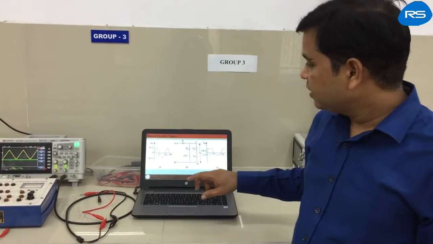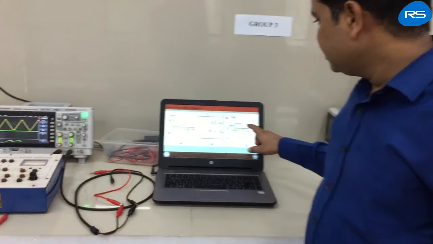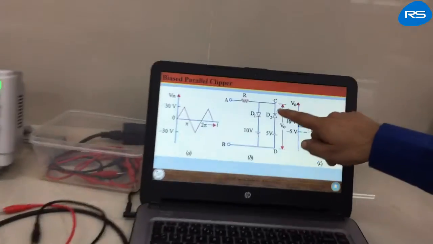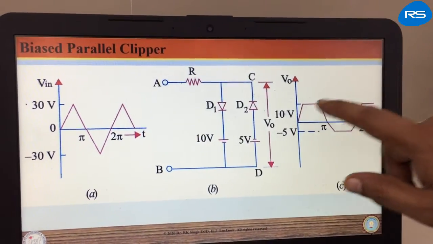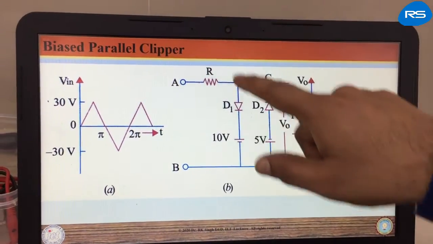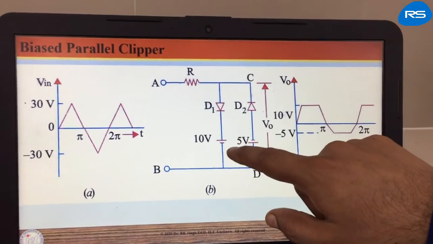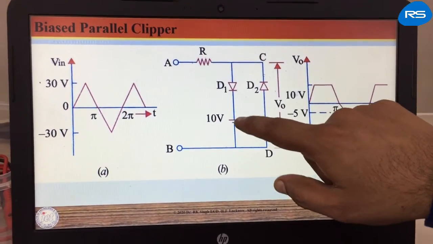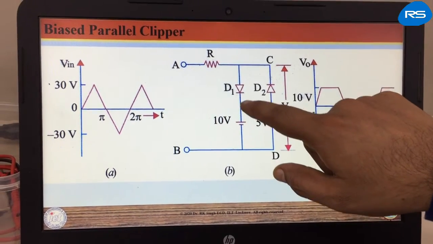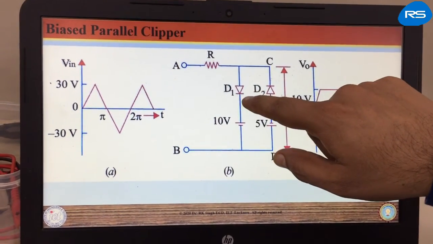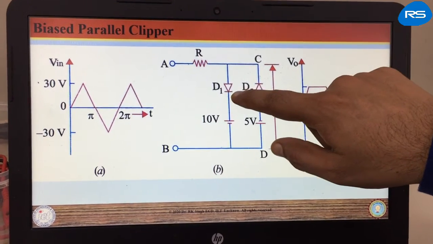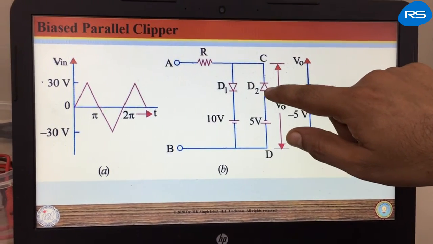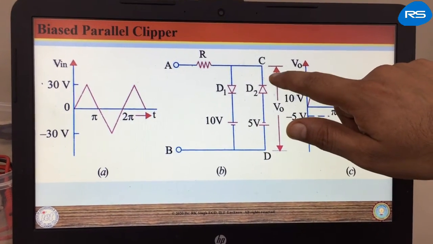We have another variant of the biased parallel clipper. In this circuit, we have used two diodes along with two DC bias voltages. When the input signal is less than 10 volt, diode D1 goes into the off state due to reverse bias and D2 goes into the on state.